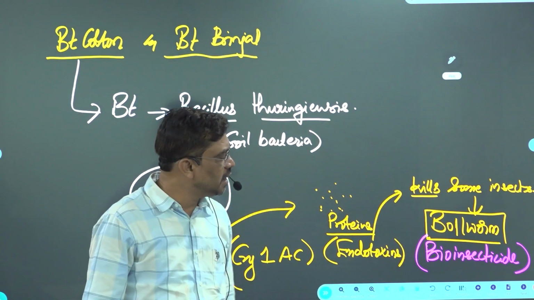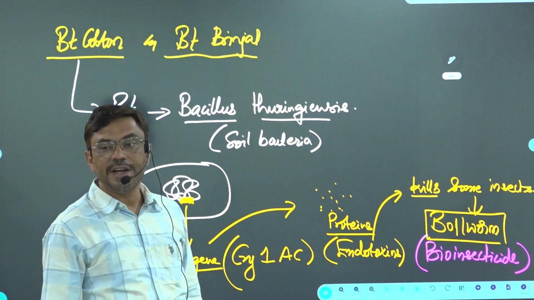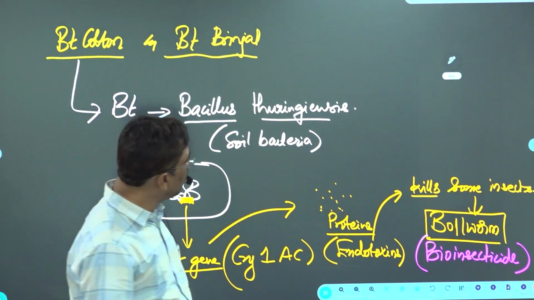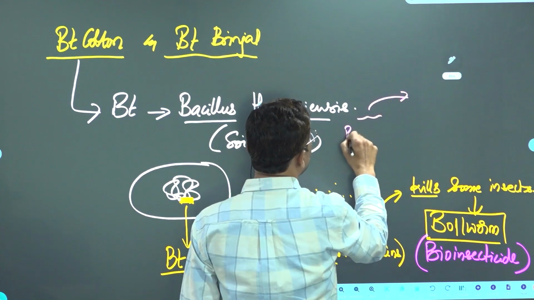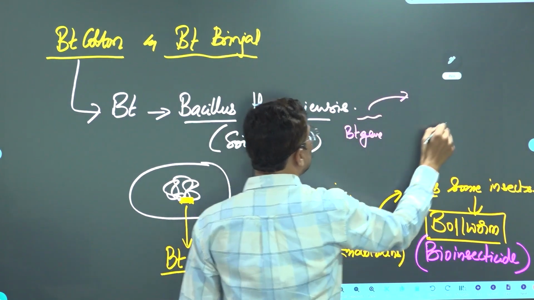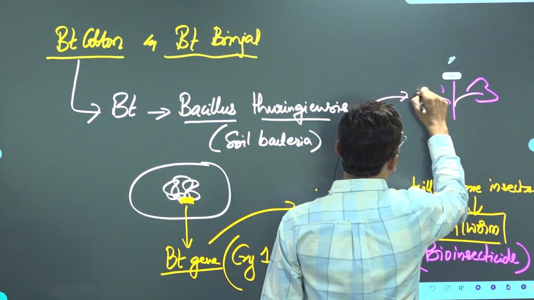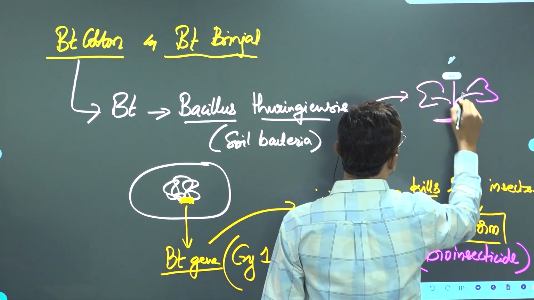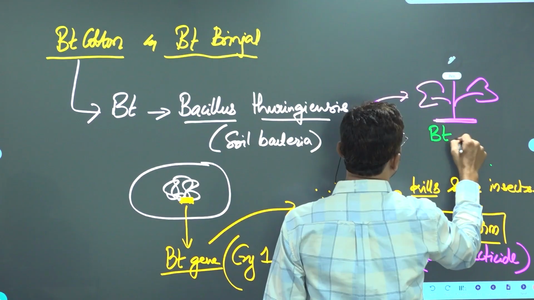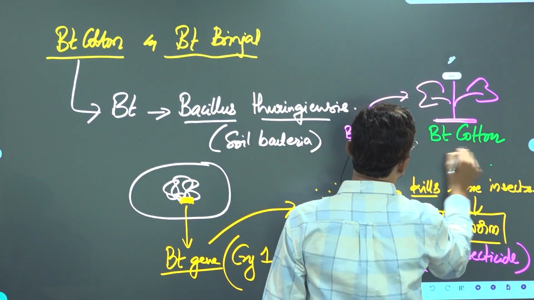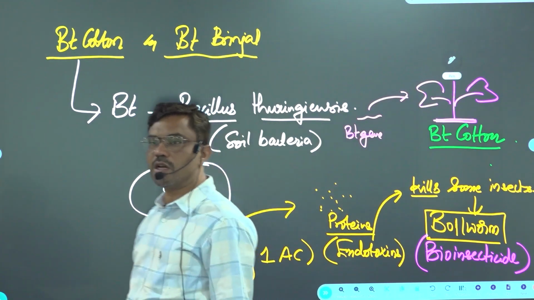It kills bollworm, thereby acting as a bioinsecticide. Now, by using rDNA technology, this BT gene is introduced into a cotton crop. Thereby, it becomes BT cotton. In a similar manner, BT brinjal also.